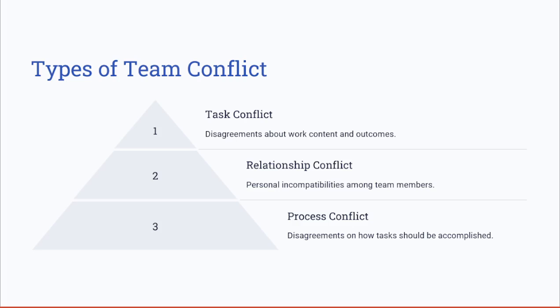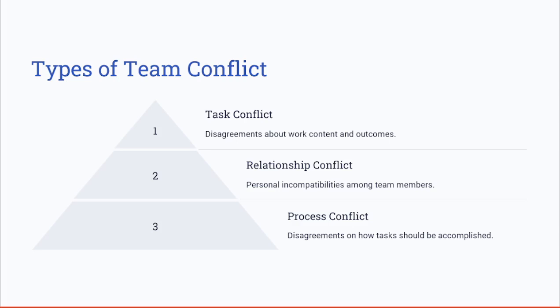So understanding the types of conflict is the first step in managing these conflicts. Task conflict involves disagreement about the work itself. Relationship conflict stems from personal issues, and process conflict arises from differences on how the task should be completed. And let's take here an example.